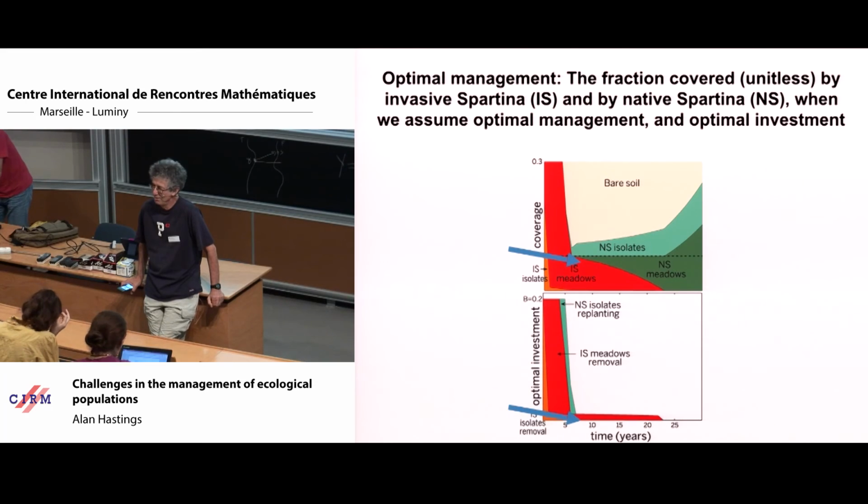I covered up a couple of things here. One of them is that this threshold is not determined by us, it's determined by the US Fish and Wildlife Service. But in general, at least for the Spartina, you really do know exactly how much is out there. That's very easy to estimate.